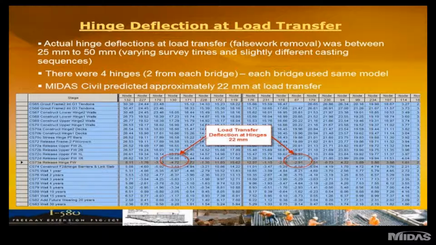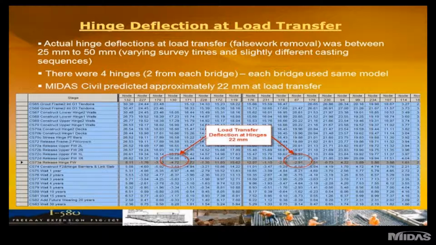There was some variance because of survey times and the slightly different casting sequences between the north and southbound bridges. So overall, the prediction from Midas Civil was fairly close to actual, keeping in mind the survey time issues.